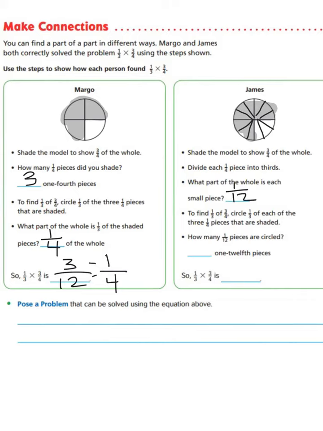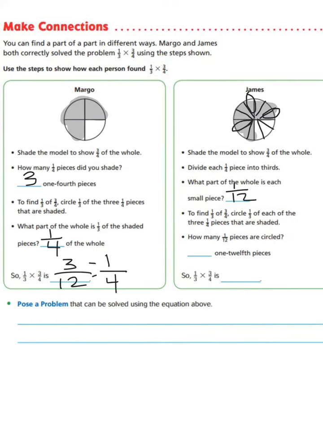Now, to find 1/3 of 3/4, circle 1/3 of each of the 3 1/4 pieces that are shaded. So we can do that. It says to circle 1/3 of each of the shaded areas. So that's going to be 1/3 circled here, 1/3 circled here, 1/3 circled here.